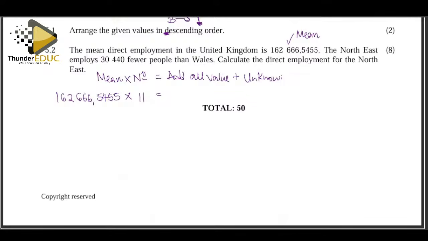Now, when you add all the normal numbers, you end up having 164,34,84 plus the unknown. Remember, we have one unknown which says Wales.